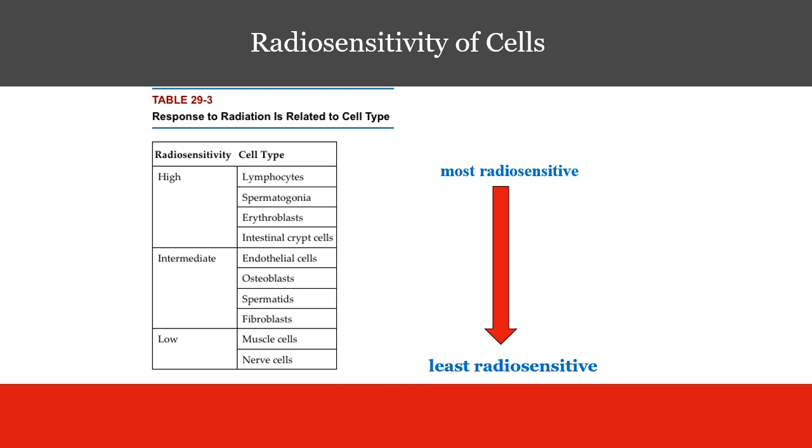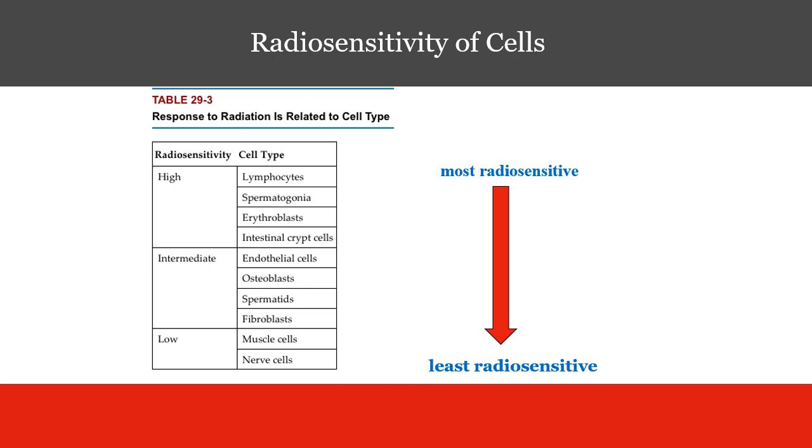Then erythroblasts are embryonic red blood cells. They're the immature red blood cells before they form an actual red blood cell. Intestinal crypt cells are located in the digestive system, specifically in the small intestine. Endothelial cells are in the lining of tissues. Osteoblasts are embryonic bone cells.